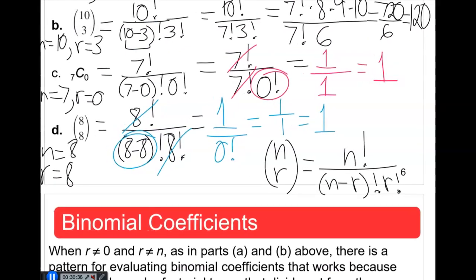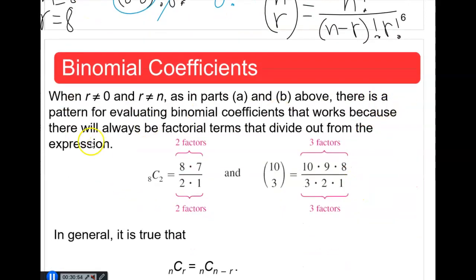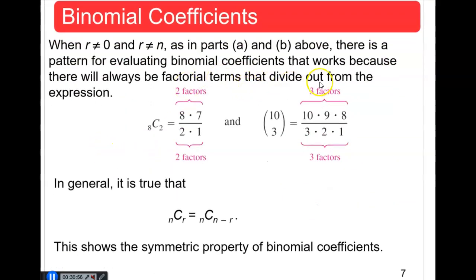For those two, we got a result of 1, so obviously those two will be symmetrical. So now we're taking those two out, and there is a pattern for evaluating binomial coefficients that works because there will always be factorial terms that divide out from the expression.